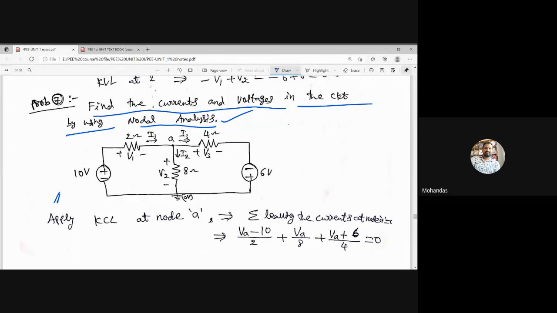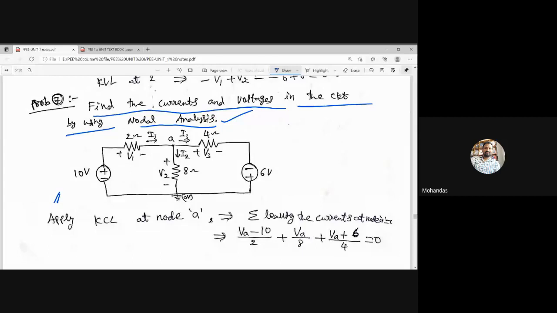2 ohm, 4 ohm, and 8 ohm. Next, I1, I2, I3 currents.